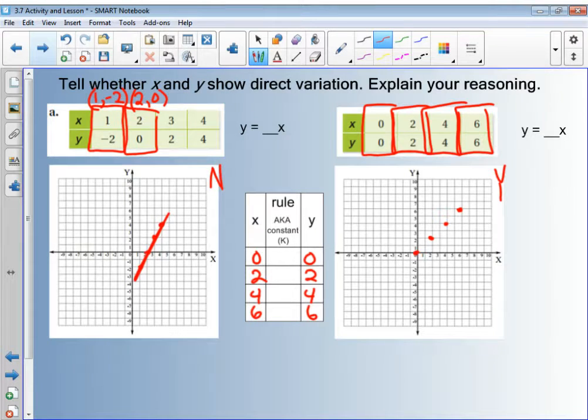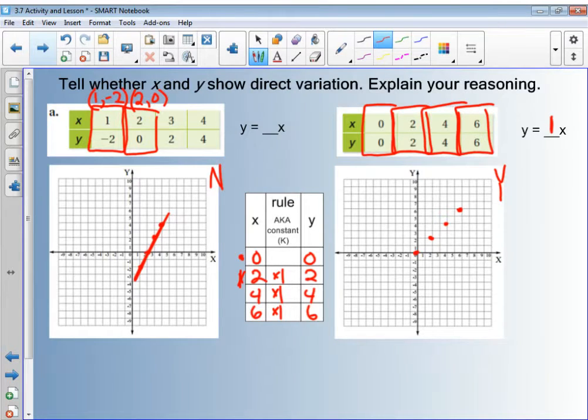What was I doing to the first number to get the second number? I can't really test it on 0, because anything times 0 gives me 0. So I'm going to work with this next one. 2 times 1 gives me 2. 4 times 1 gives me 4. 6 times 1 gives me 6. So our constant is times 1, or just a 1.